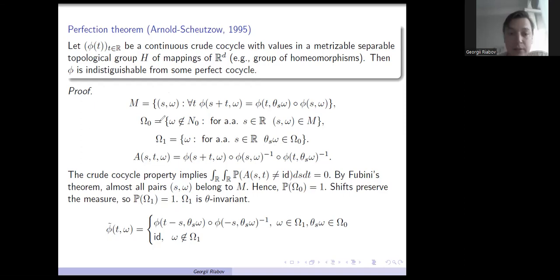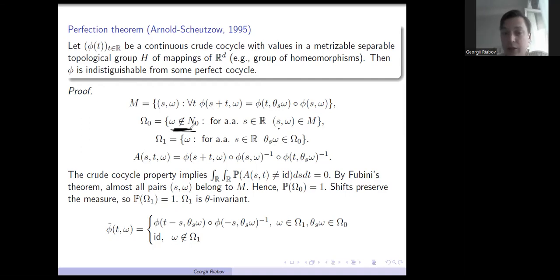Next, Ω0 is the set of ω such that for almost all s, ω belongs to M. Here we take ω not in N0. I recall that N0 is the exceptional set for the cocycle property at 0.